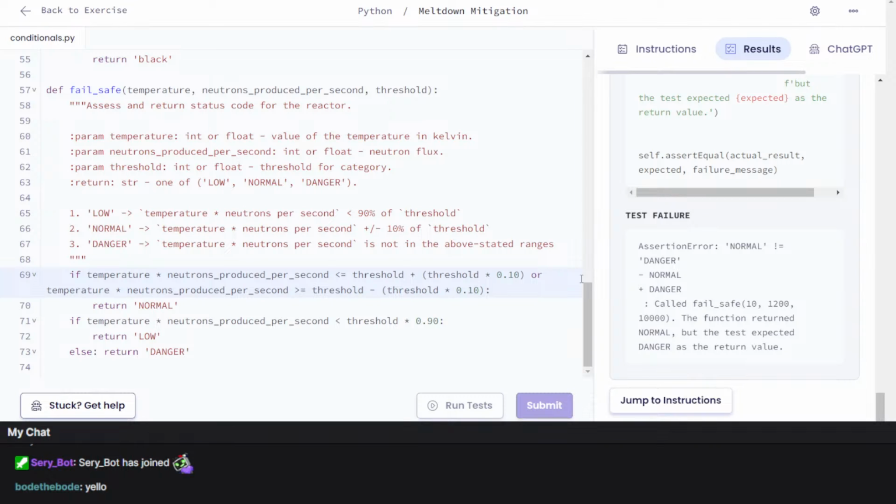This gives 10% more for the threshold, 10% less of the threshold. Temperature produced per second. No, I think that sounds right.